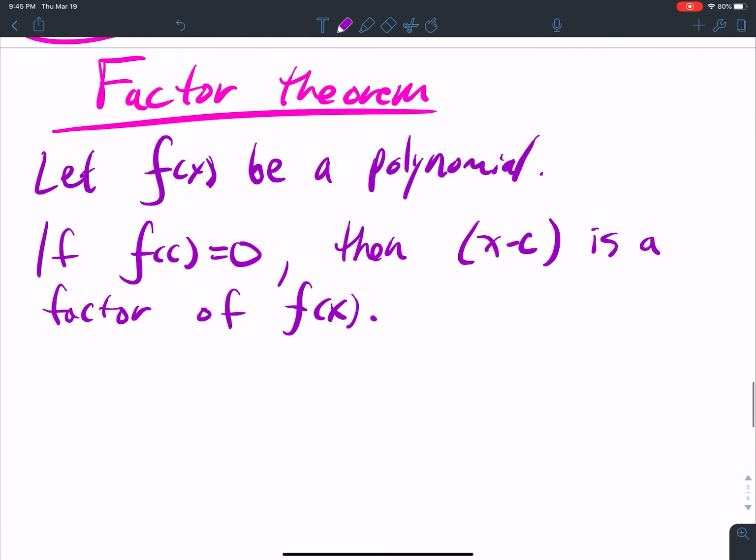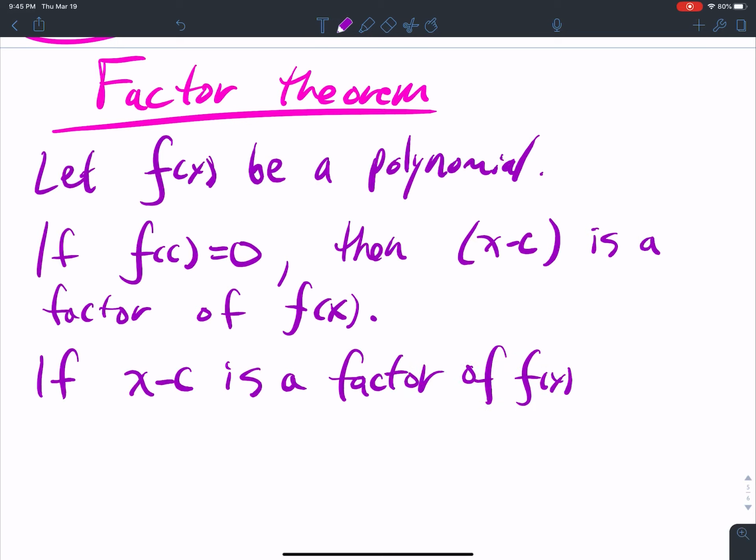Okay, we've already kind of talked about this, right? If x minus c is a factor of f of x, then f of c is 0.